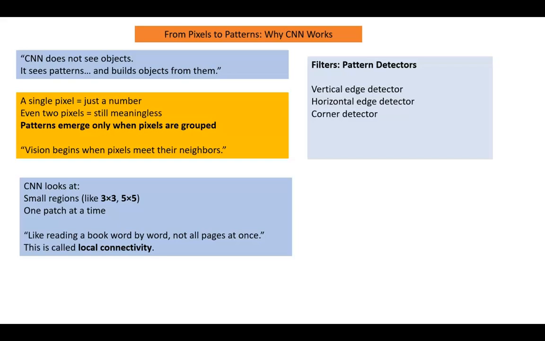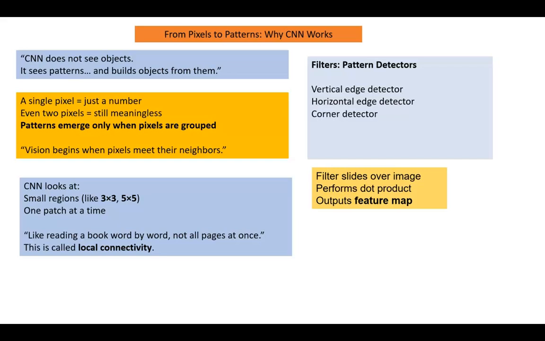And the next new terminology is filters. Filters act as pattern detectors. So we need to identify the pattern, right? Let it be a vertical edge detector, a corner detector, or a horizontal edge detector. These filters slide over the image and perform the traditional dot product operation.